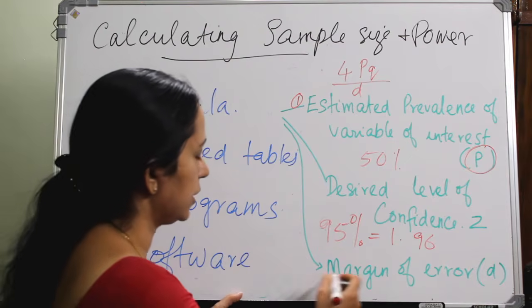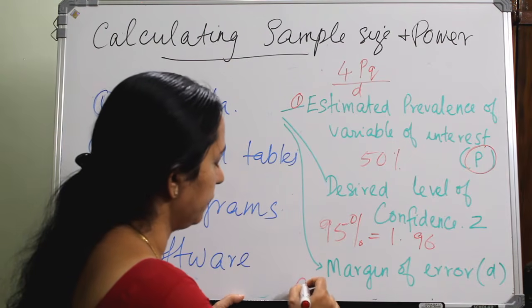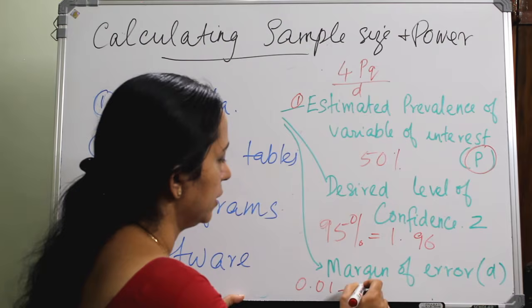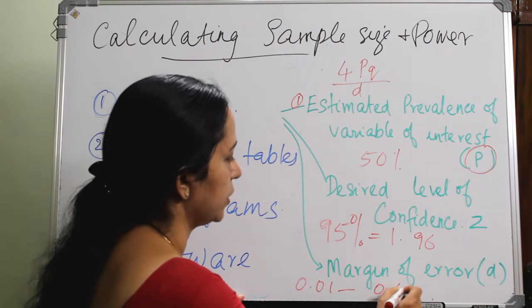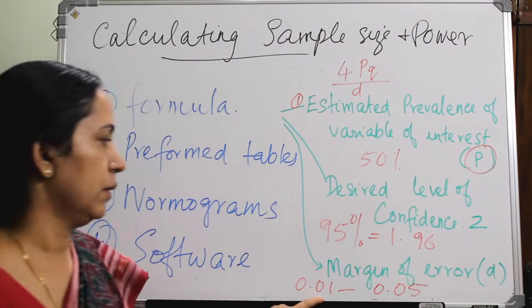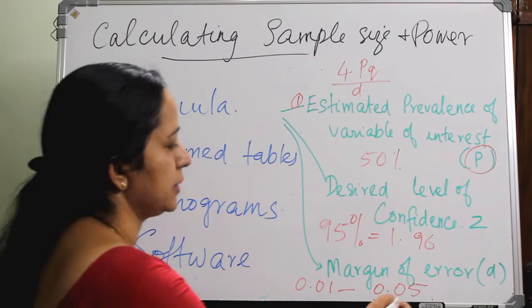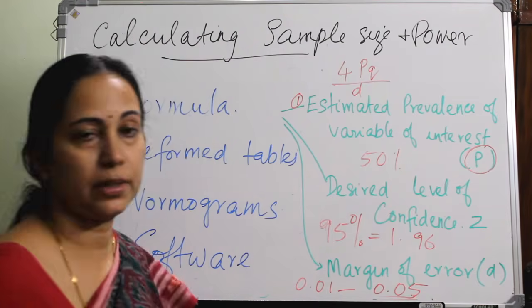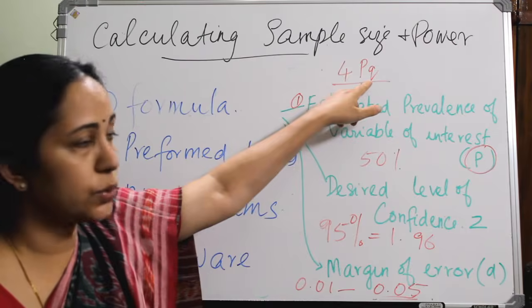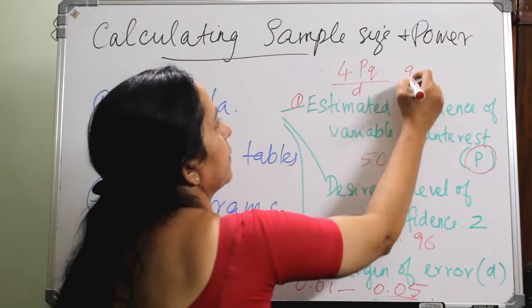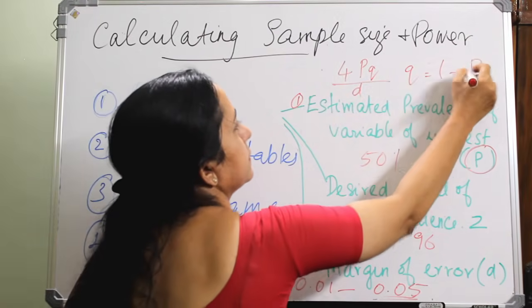So usually this margin of error is taken from 0.01 to 0.05. Usually we take this as 0.05, right? And what is this Q? Q is 1 minus P.